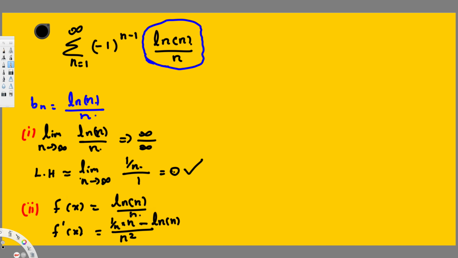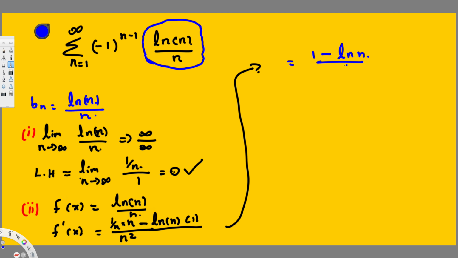It was n, so the derivative is just 1, which doesn't change anything. If we continue, the derivative of this one is going to be 1 minus ln n over n squared, right?